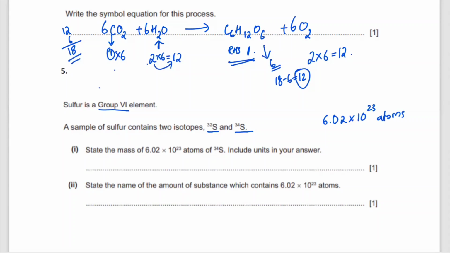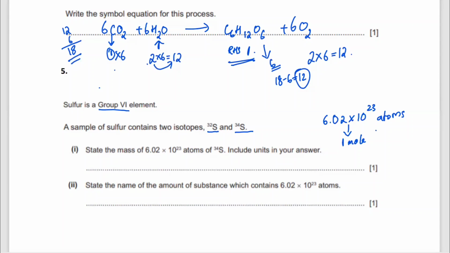When there are 6.02 into 10 raised to 23 atoms, or any substance which is having a value of 6.02 into 10 raised to 23, we call it the Avogadro number or 1 mole of a substance.